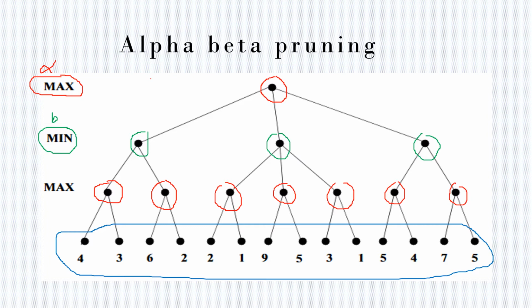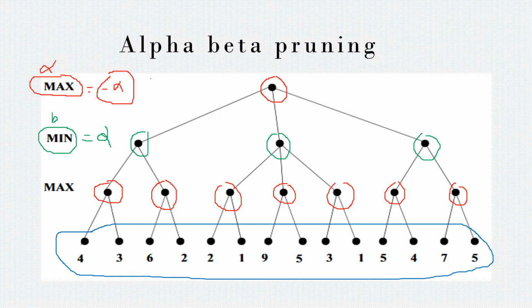So the worst case for Max will be equal to minus infinity, and the worst case for Min will be positive infinity. Why will this be the worst case for Max? Because Max is trying to get the maximum number on the board, so the worst case will be minus infinity, and vice versa.